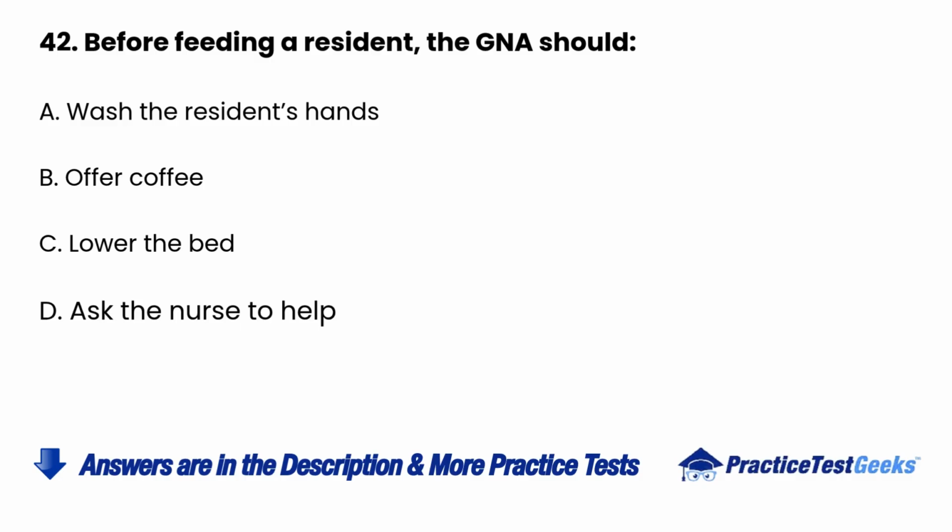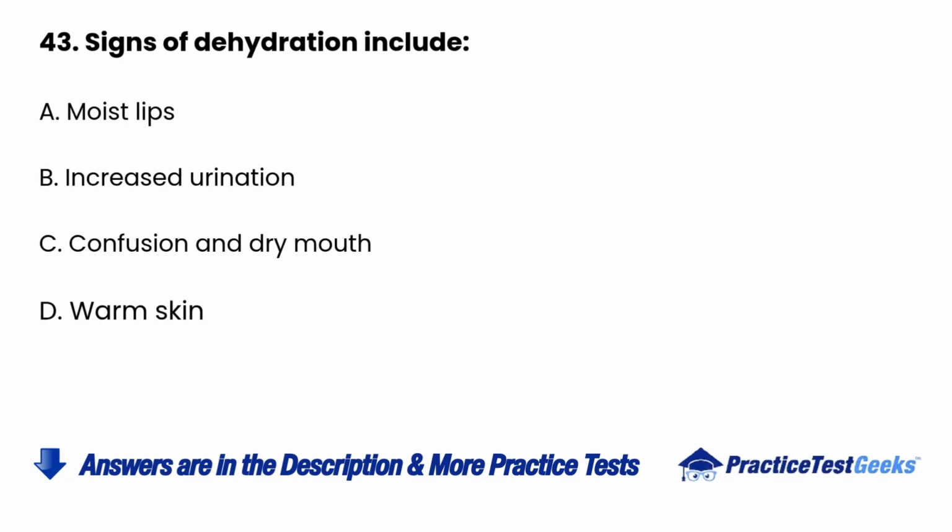42. Before feeding a resident, the GNA should A. Wash the resident's hands. B. Offer coffee. C. Lower the bed. D. Ask the nurse to help. 43. Signs of dehydration include A. Moist lips. B. Increased urination. C. Confusion and dry mouth.